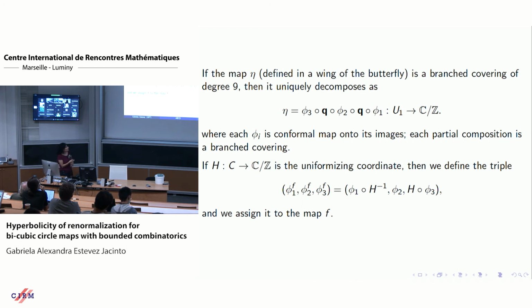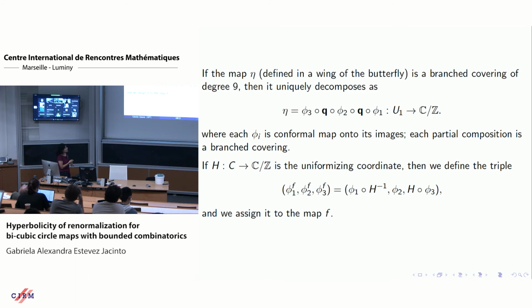So the idea is to consider this uniformizing coordinate that I showed you before, that sends to the cylinder, and identify this eta with this triplet. So this H here is the inverse, and this is the map.